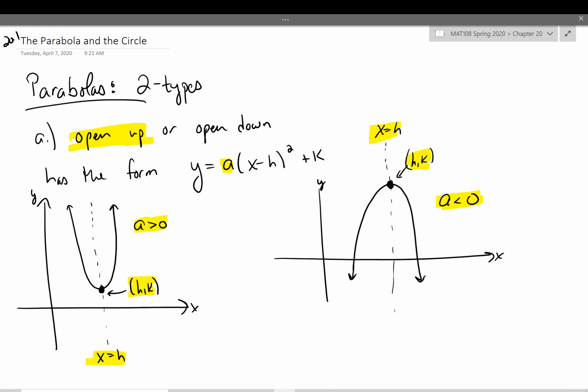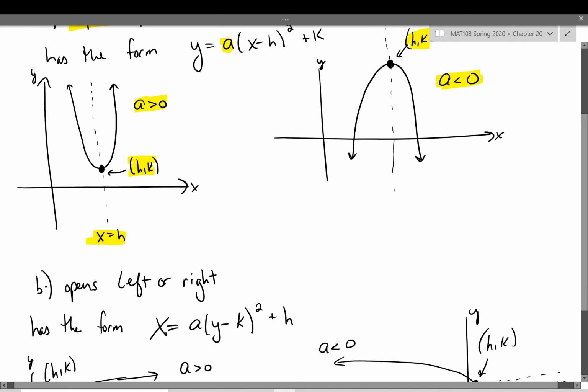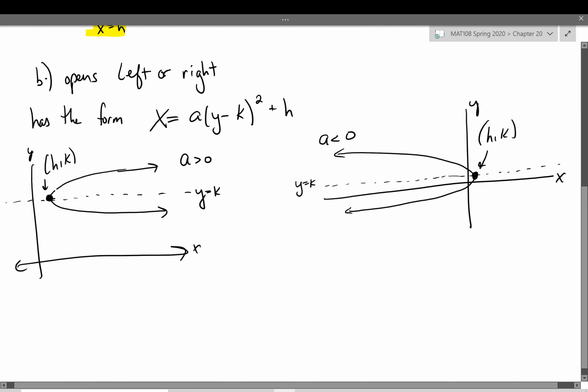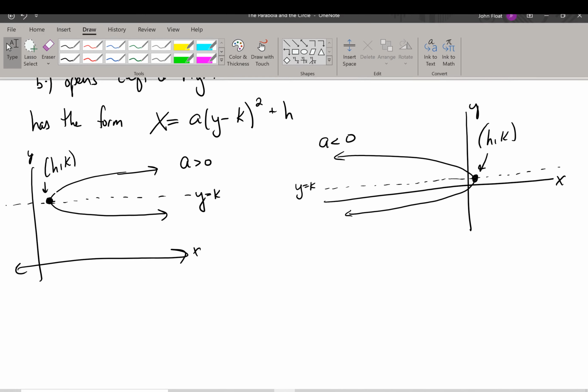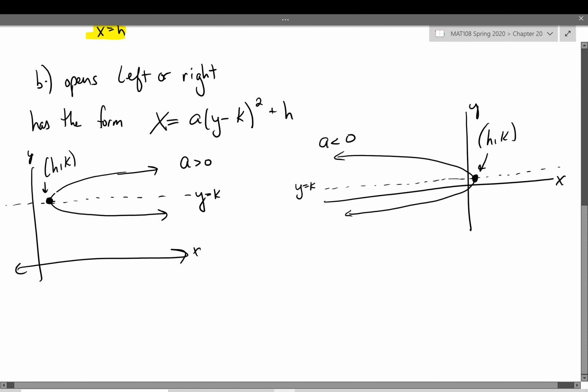The second type of parabola that I'm going to introduce you to are the kind of parabolas that open left or open right. So notice here, parabolas that open left or right will have this form. Now, this is key: notice the equation is now solved for x, not y.